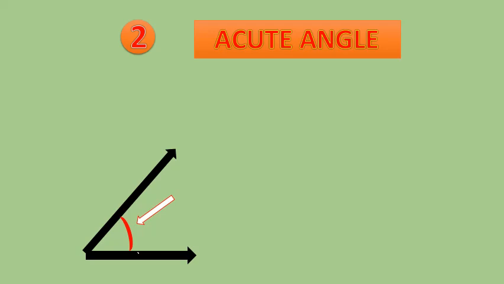As we reduce the distance between the arrows little by little, the angle between the arrows grows smaller than a right angle. An angle which is smaller than a right angle is called an acute angle.